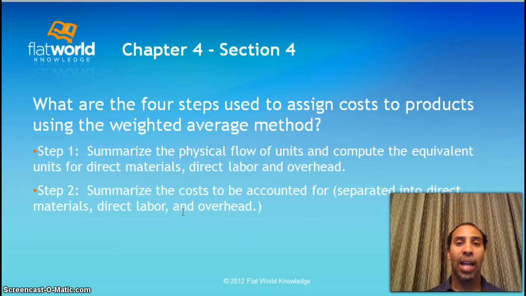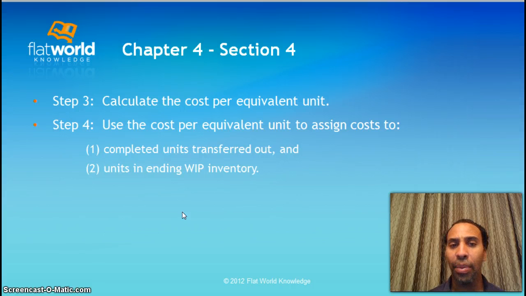So what is actually attributing to cost? Step three, calculate the cost per equivalent unit, right? And that's something that we're actually going to do. Somewhat of a lot of steps involved in the process, but we'll try to figure out the problem as we go along and make it very understandable.